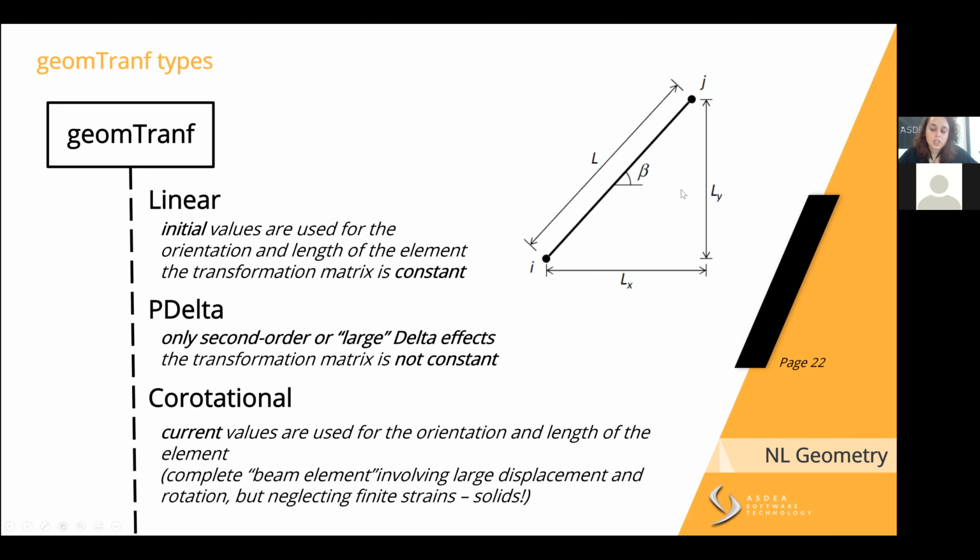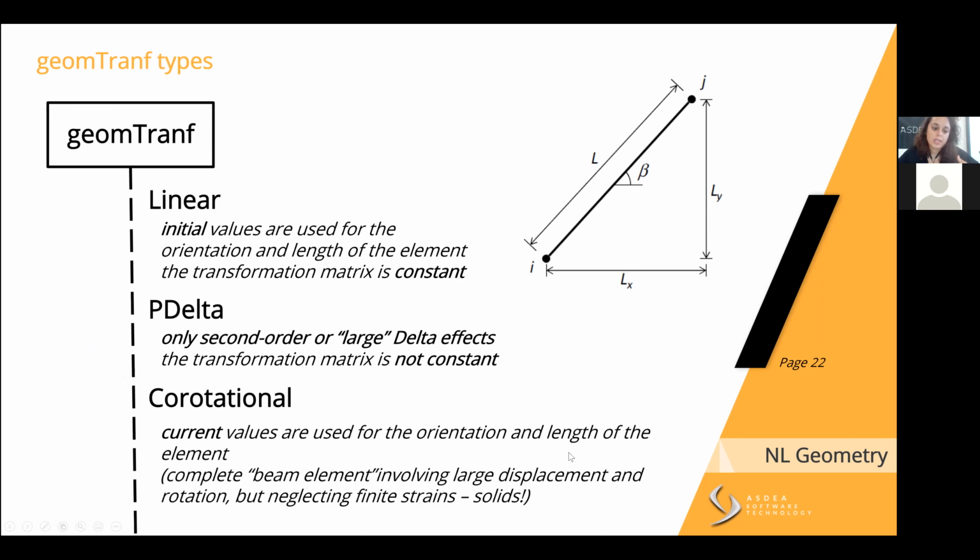The length and the orientation, given that a specific set of forces is applied to it, or a specific set of prescribed displacements, it depends on the type of analysis that you're doing. If the geometric transformation is linear, the length and the orientation of our element are going to be the same throughout the whole analysis. So the initial values will be used, and the transformation matrix will be constant because we don't have any parameters that change through the analysis. Then we have the other extreme.